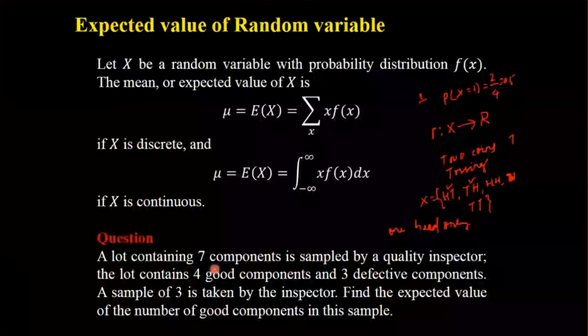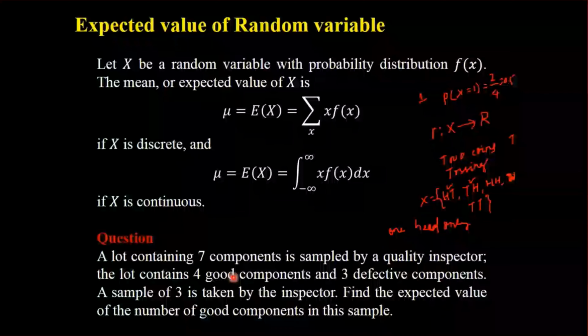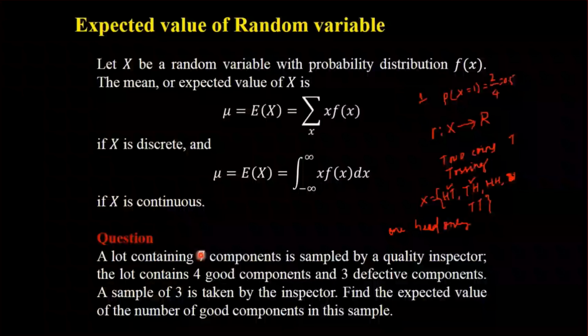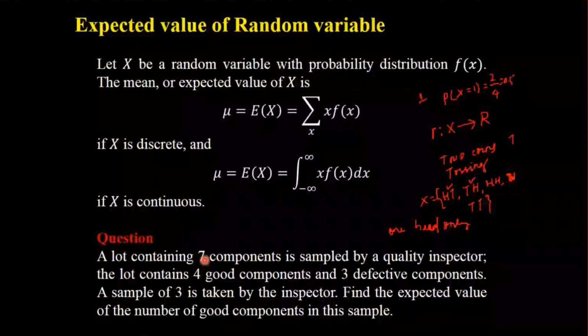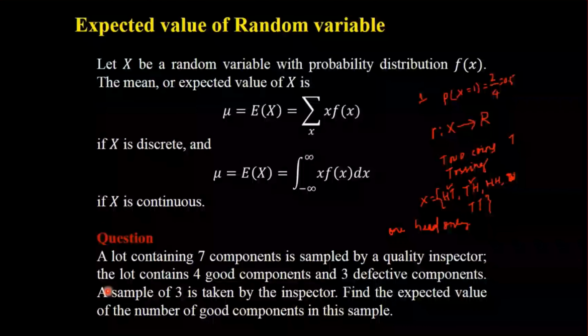A lot containing 7 components is sampled by a quality inspector. That lot contains 4 good components and 3 defective components. So for example, there is a food inspector, and there are a total of 7 items that the chef has prepared, 4 good and 3 defective.